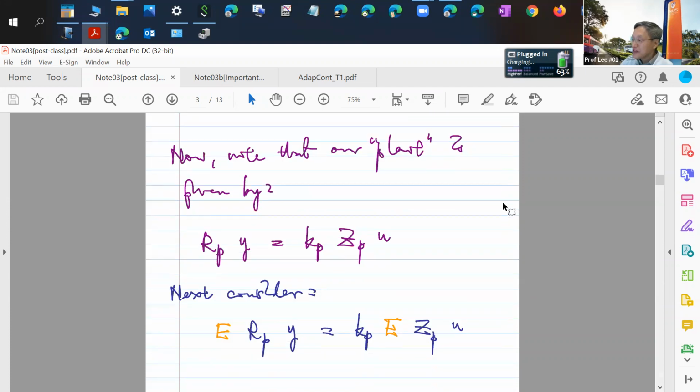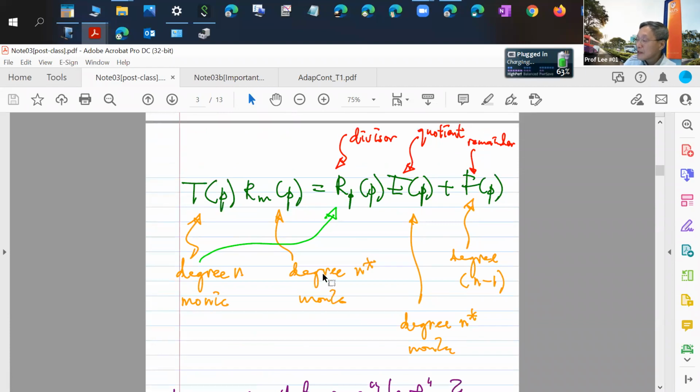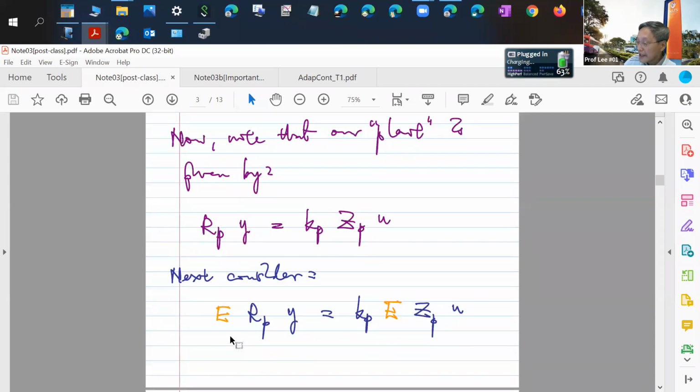Then we said, if you handle your differential operator developments carefully, you can rewrite the system. To begin with, the system is the Rp polynomial operating on y equals Kp Zp operating on u. Based on this division identity, I take this E, which is of degree n star, and operate on both sides by this polynomial E. As I told you, watch it carefully.